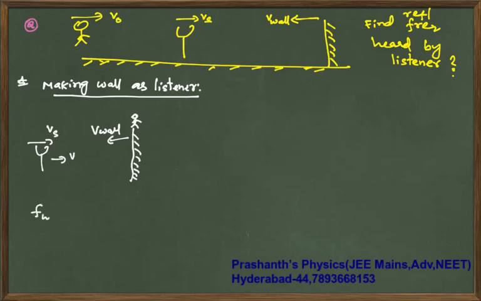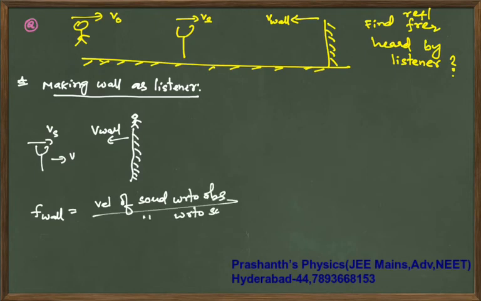So frequency received by wall is f wall equal to velocity of sound with respect to observer by velocity of sound with respect to source times f naught.